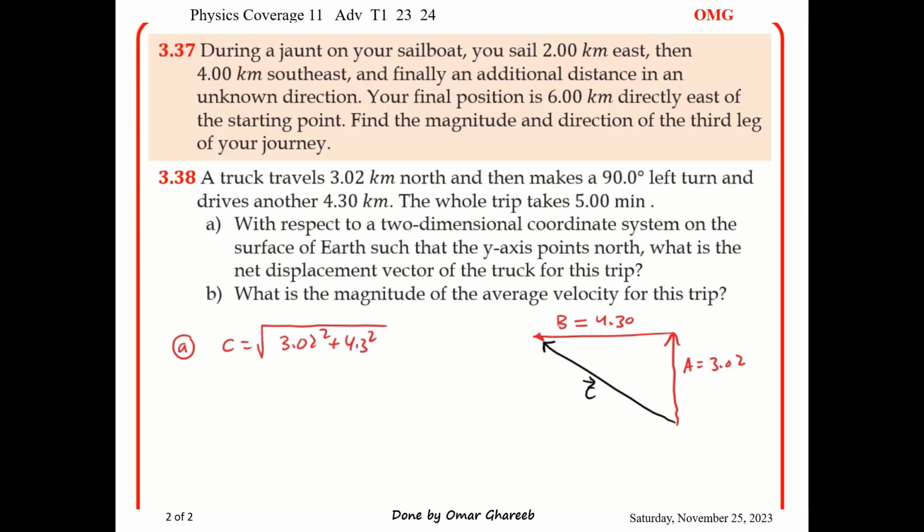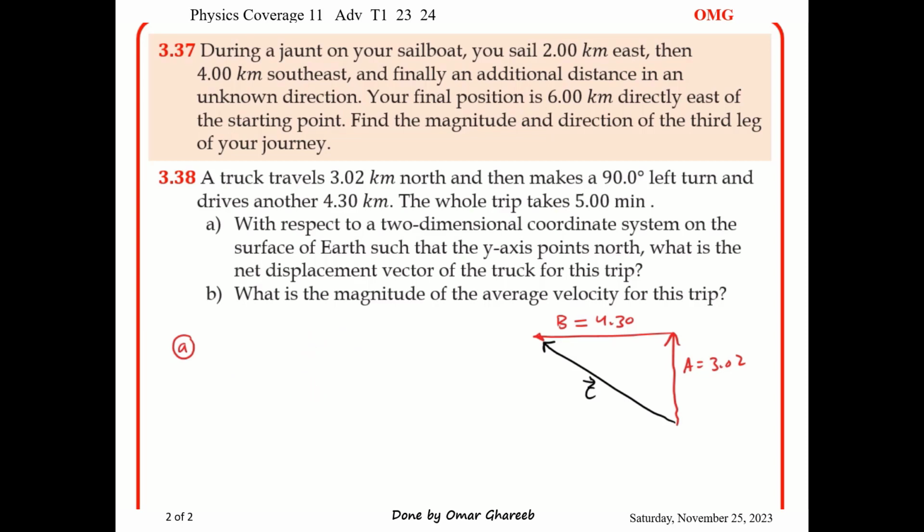This is if the question needs the magnitude of the displacement, and the direction of it is tan inverse of y over x, 3.02 over 4.3. But the question doesn't need this one. It needs the displacement as a vector.